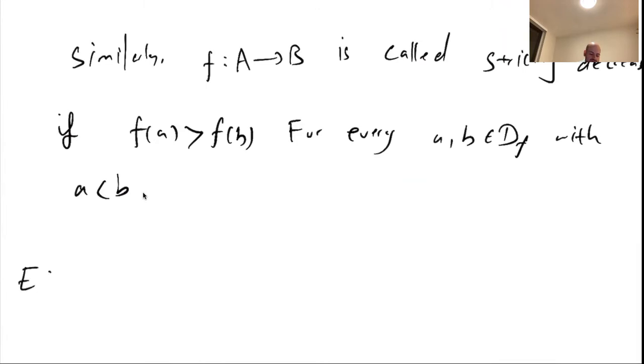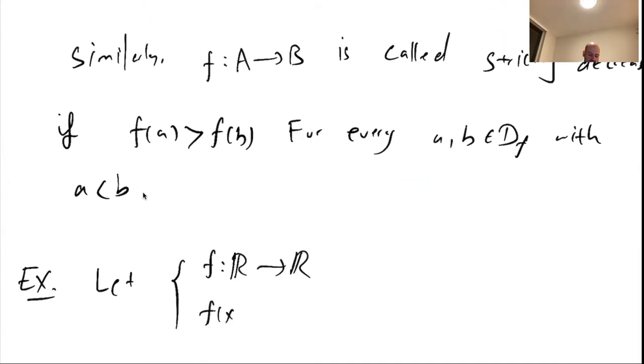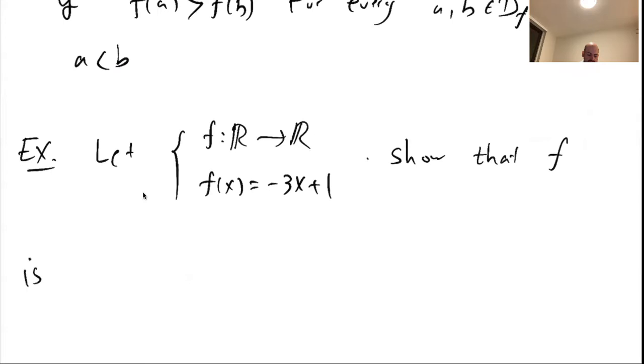So let's look at an example. Let f from R to R, and f of x, let's say, equal to minus 3x plus 1. Show that f is strictly decreasing.